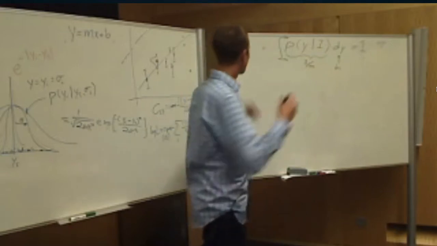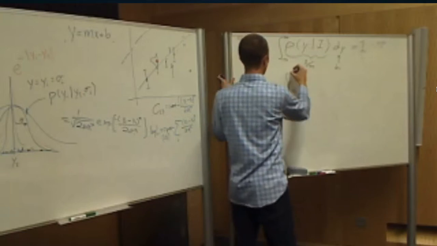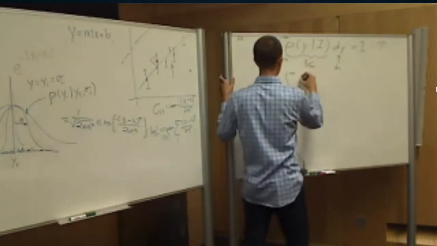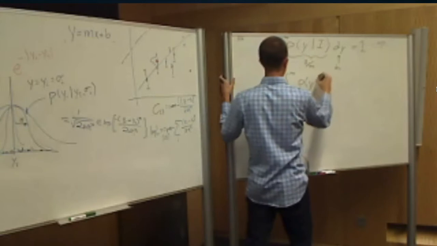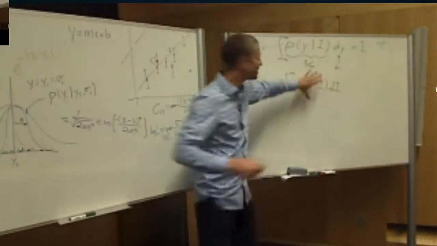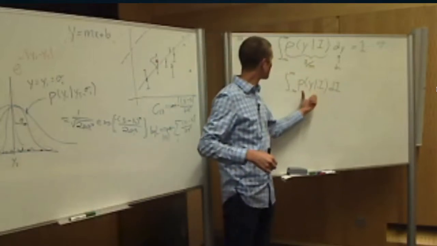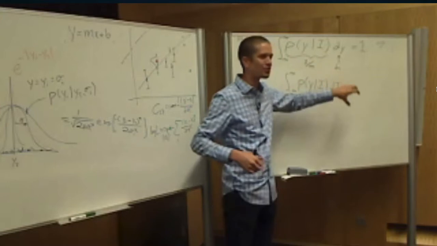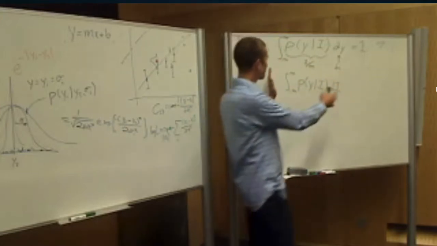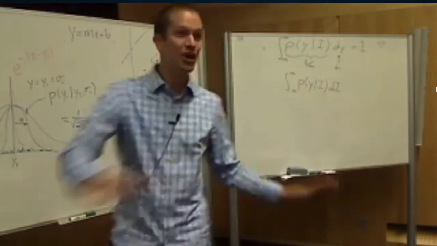So given that, thinking about units, what does this mean? The integral from negative infinity of P of y given I dI. But this is a meaningless expression, right? You're integrating something that's units 1 over meters over some unknown parameters. So if you ever find yourself writing something like this or thinking about something like this, you're wrong, right?